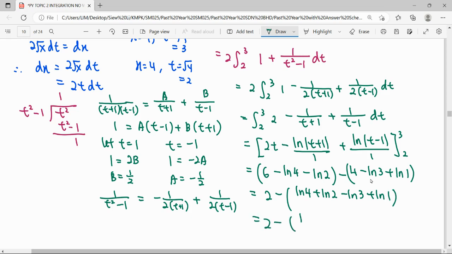Simplify this: ln plus ln, the items will be multiplied. So 4 will be multiplied by 2, minus ln 3 means divide by 3.